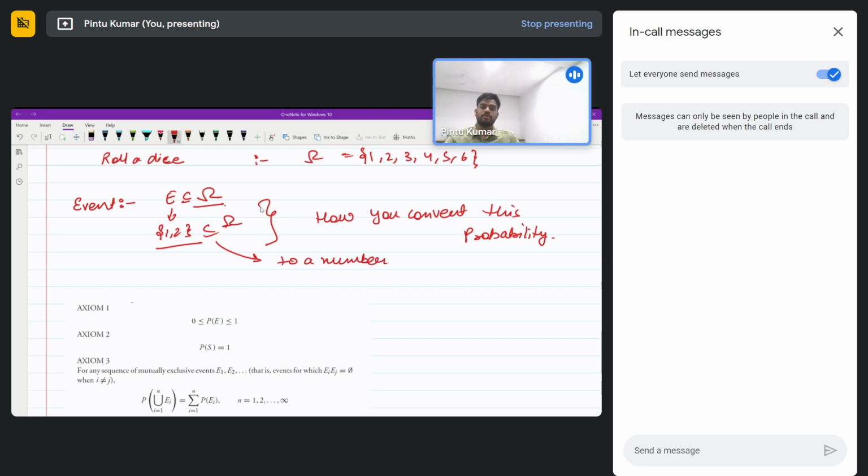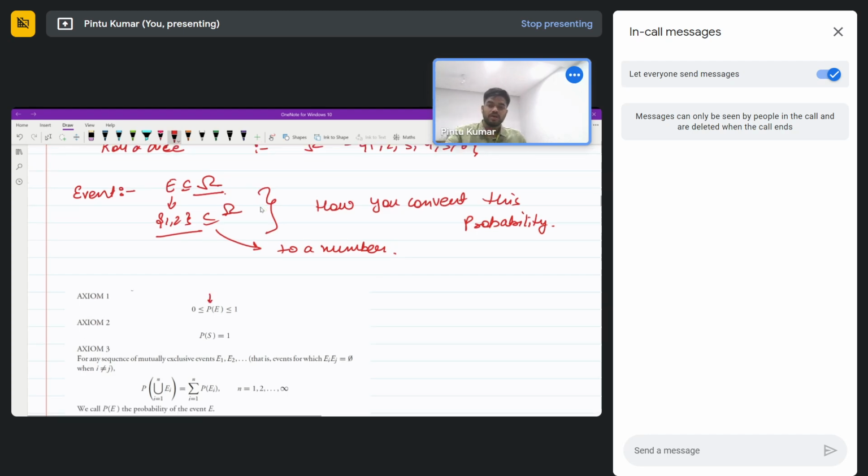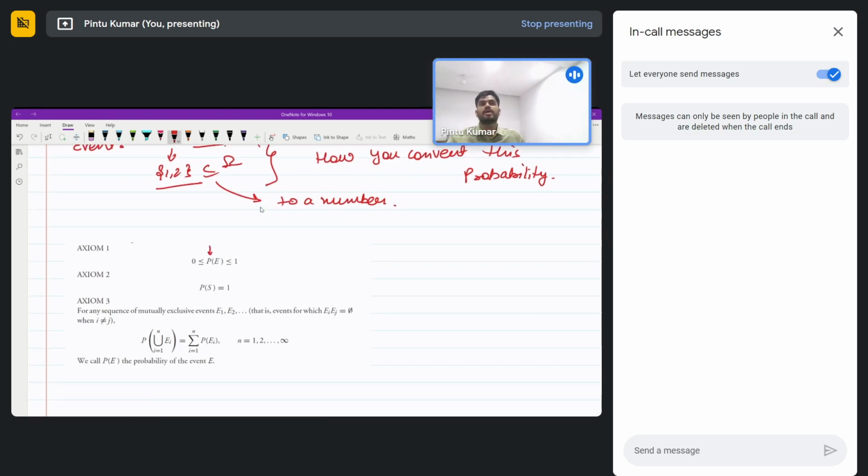Any probability function p can be defined based on three axioms. The first axiom says that the probability of an event can be between 0 and 1. If you are able to define a function which satisfies these three properties, that defines a probability. So the value of this probability function should always be between 0 and 1. This is my first axiom.